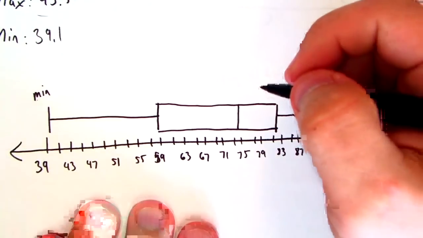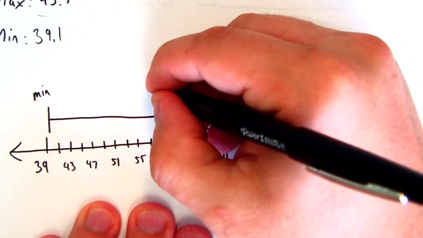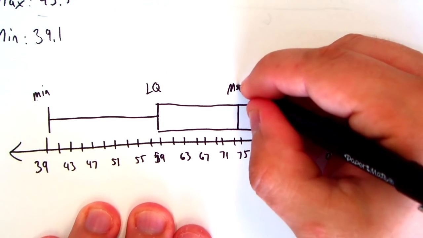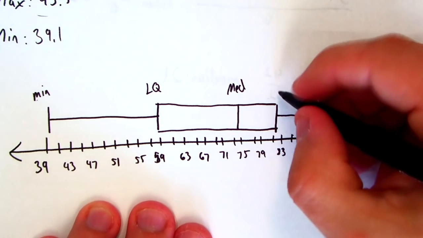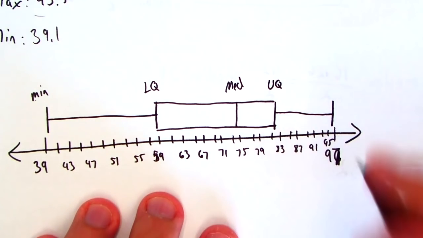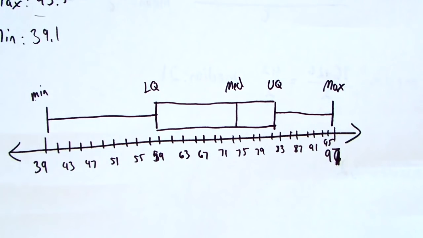Again, this number here is the minimum. This number here is, we can call it either the first quartile or the lower quartile. This here is the median. This here is either the third quartile or the upper quartile. And this right here is the maximum.